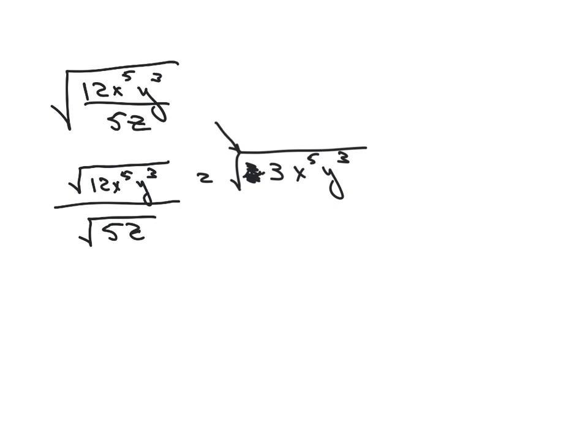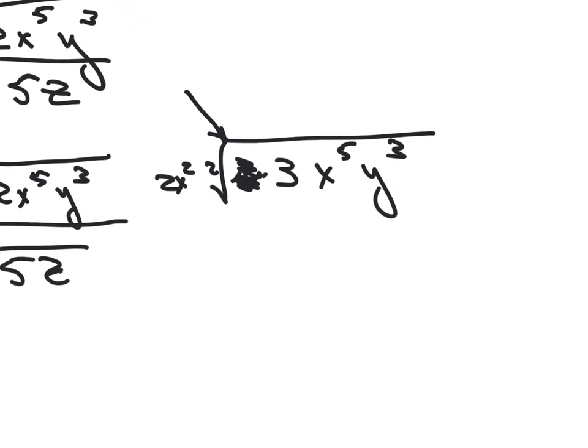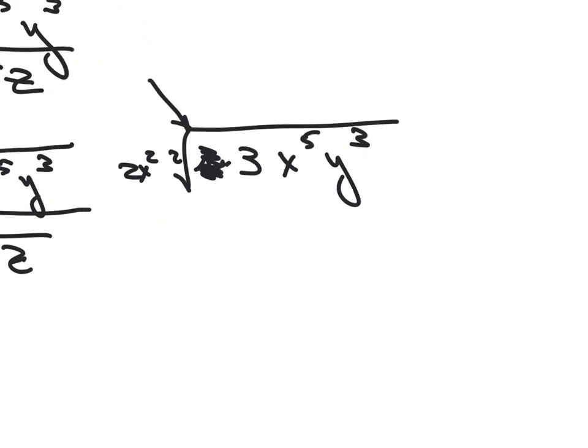Now I need to look at my x to the 5th and y cubed. Okay, so remember this index, if I don't put one in there, it's an assumed 2. So how many times does 2 go into 5? It goes into it twice. So I have x squared. Make it a little bigger there. So 2 goes into 5 twice with 1 left over.